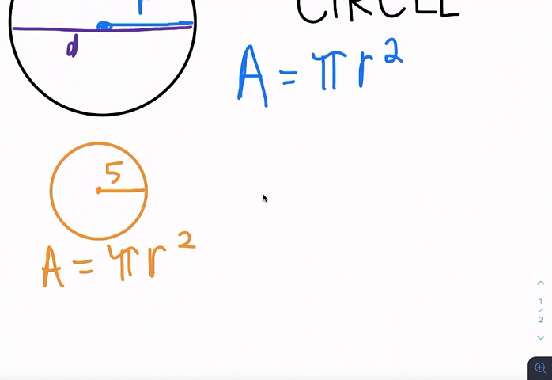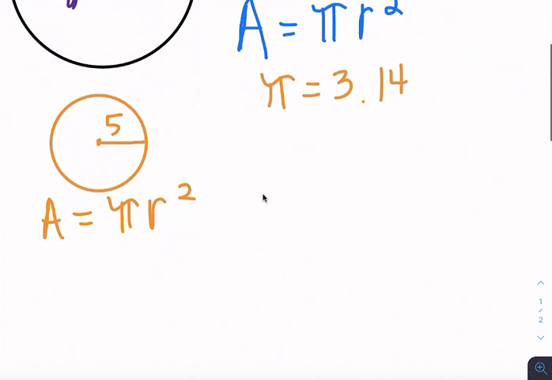Now, one more thing. Pi, we are going to use 3.14 because we want to make this as easy as possible, and we don't know what kind of calculators we all have right now, so we are just going to use 3.14 for pi.